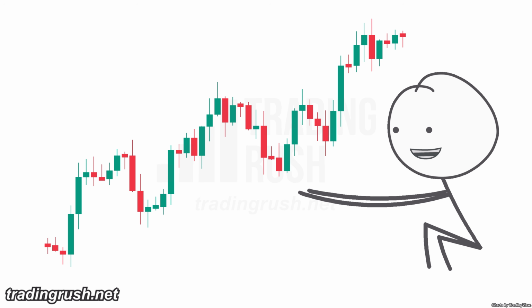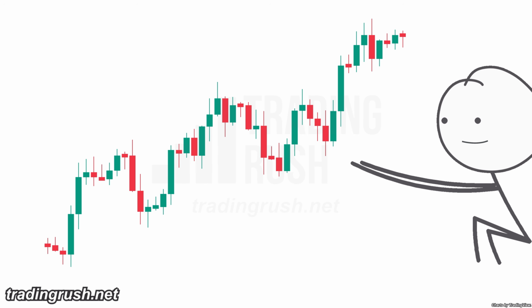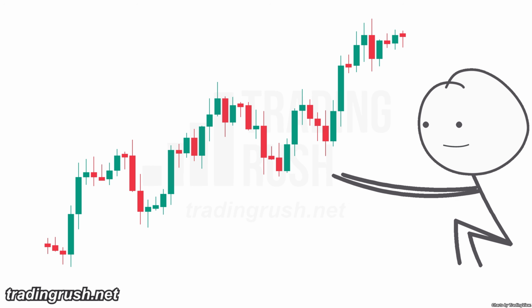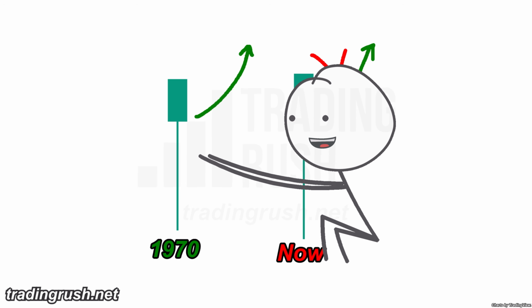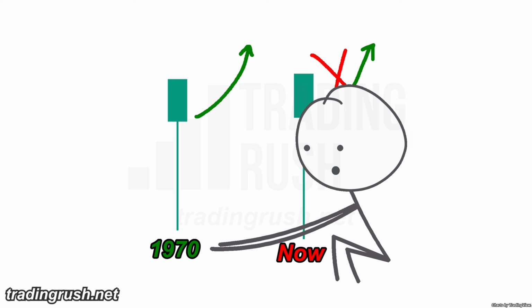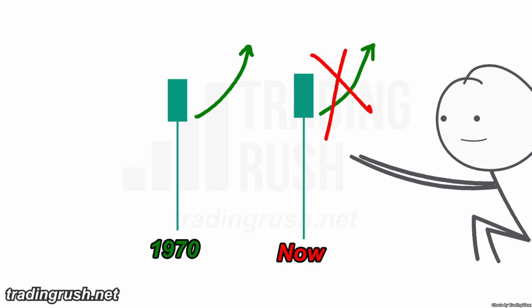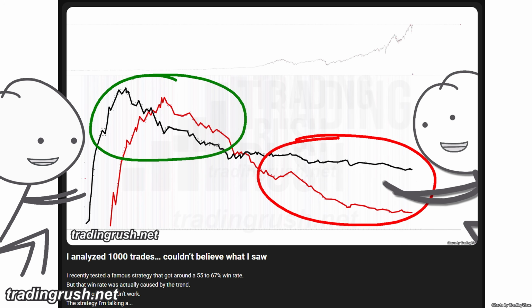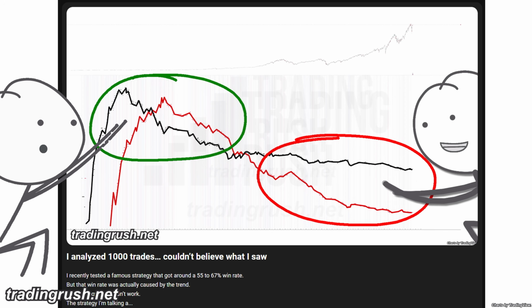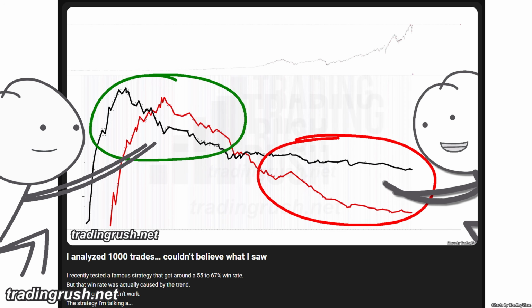Back in the old days, someone looked at old charts, found shapes that seemed to line up with the price, and gave them names. Just because a hammer pattern appeared near the price bottom a few times in the 1970s doesn't mean it will work again in the current market. In fact, I did a testing video a while back where I analyzed 60 years of candlestick data and found that, back in the old days, candlestick patterns used to get a really high win rate in the stock market's one-day time frame.